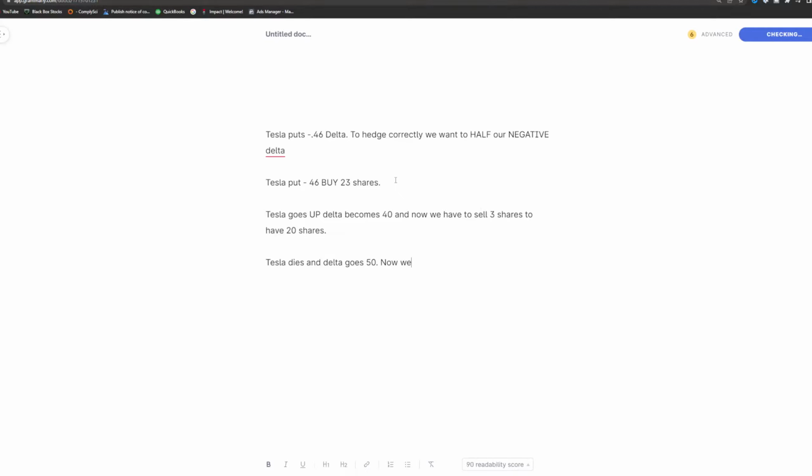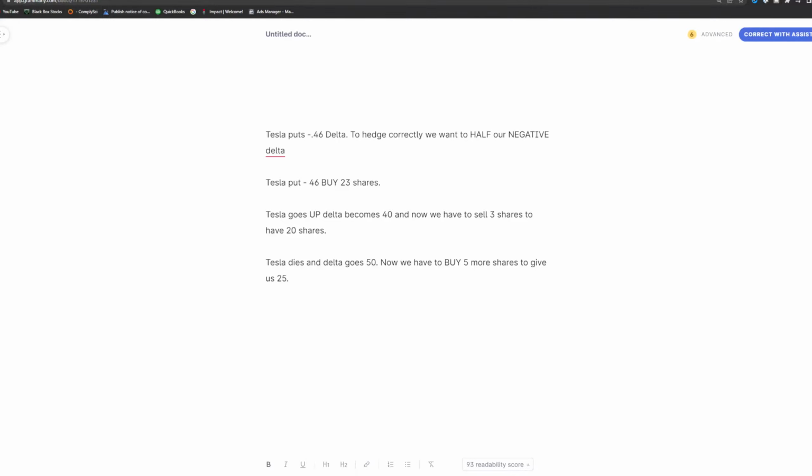Now we have to buy 5 more shares to give us 25. And so basically the shares are protecting your downside in the trade at all times.